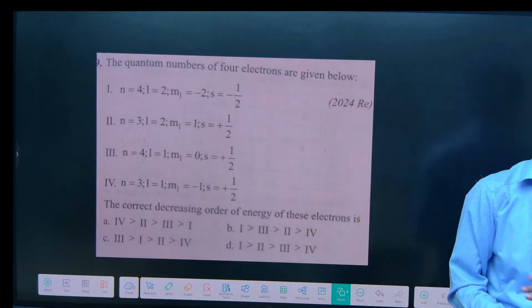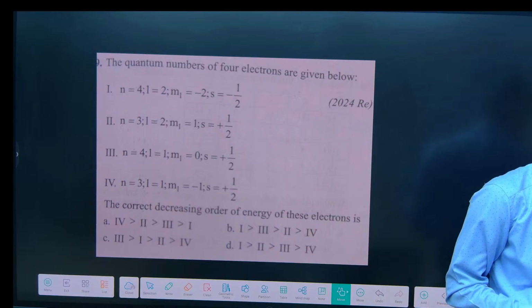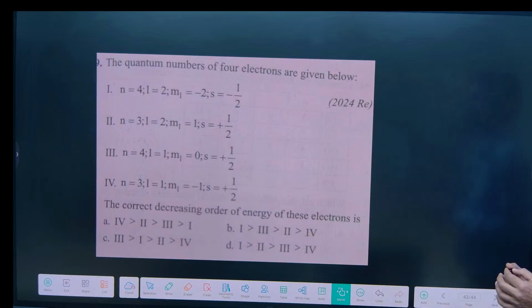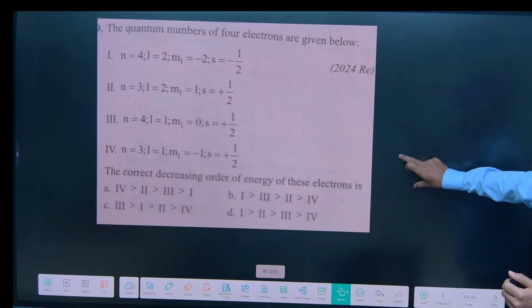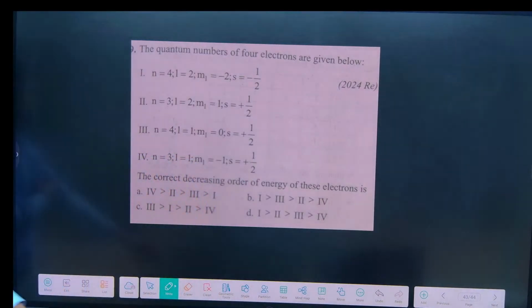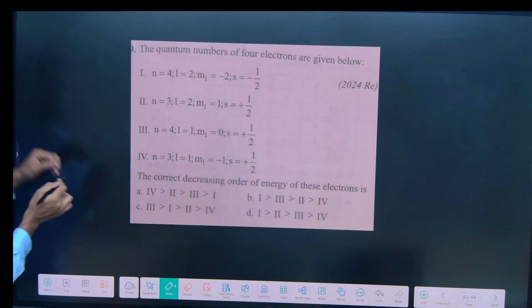Yeah, tell me here. The quantum numbers of 4 electrons are given below. The correct decreasing order of energy of these electrons is? Tell me what to check. Remember, I will tell you two things.